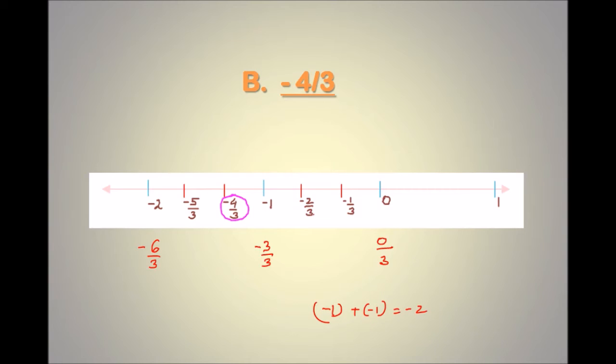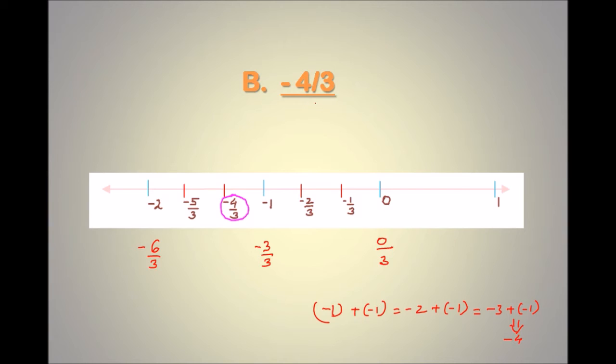And if we add -2 plus -1, this is equal to -3. We get -3/3 as -1. To that, if we add again a -1, we get -4. Okay, so it is -4.